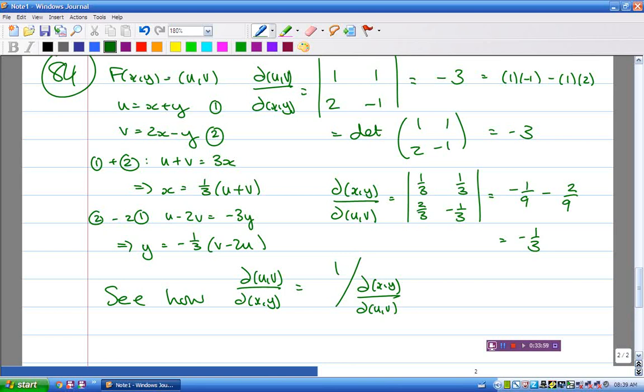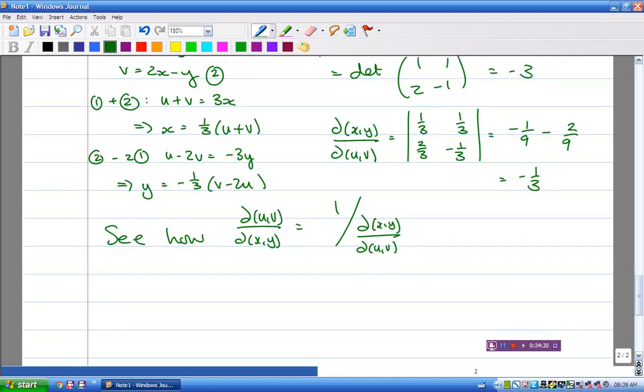So why don't you give that a go, number 85. From here on out, I'd like you to demonstrate with 85 just like I have. But from 86 onwards, you can just take it as given that the one is a reciprocal of the other. It's nice to actually see it with your own eyes with a couple of examples before you take it for granted. Okay, but actually, do we have time?